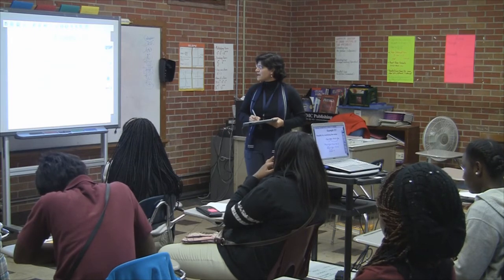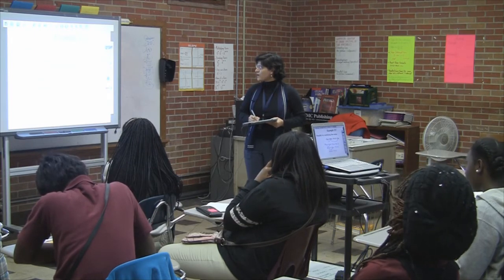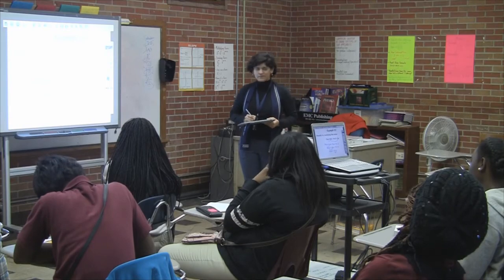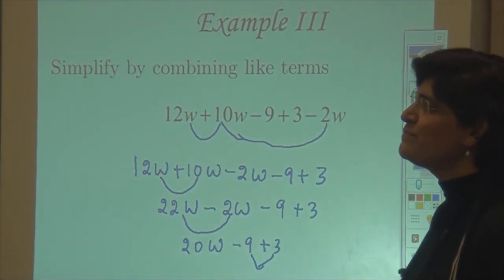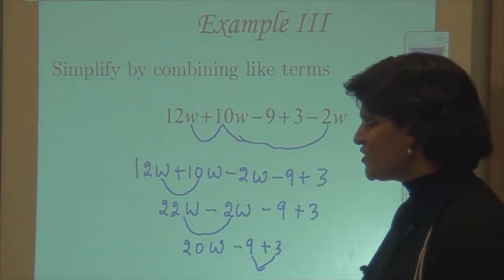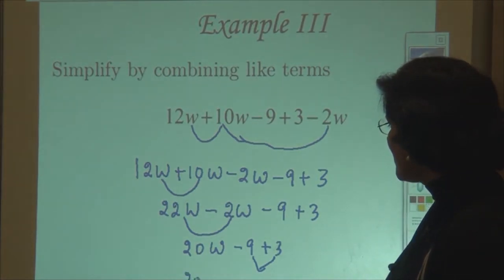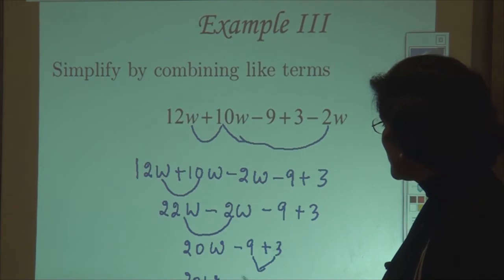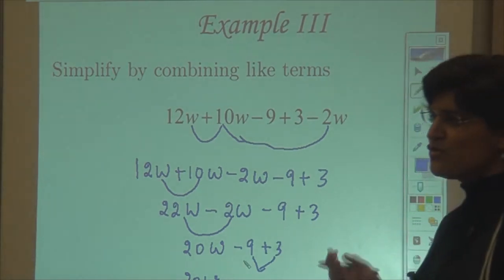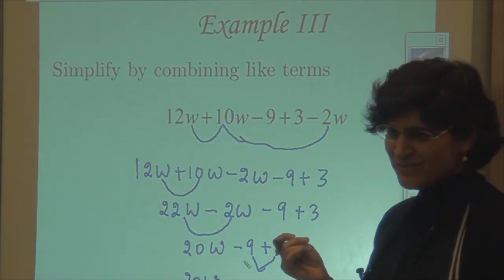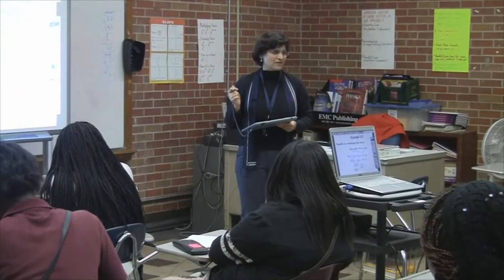Okay, minus 9 plus 3. What's negative 9 plus 3? Is it just 6? Yes, we need to have our addition and subtraction of integers on our fingertips. We should be able to tell without the calculator.